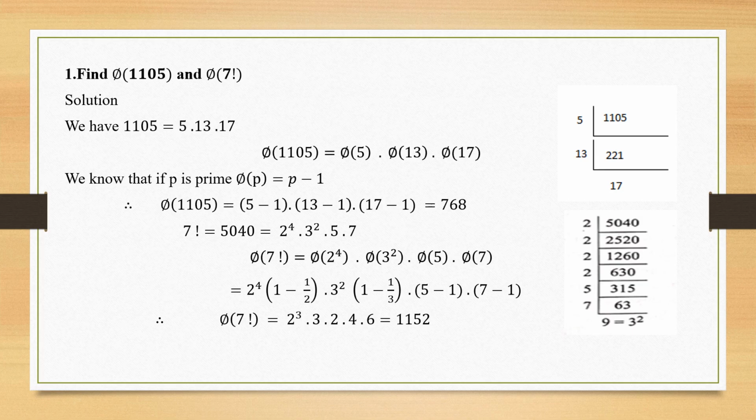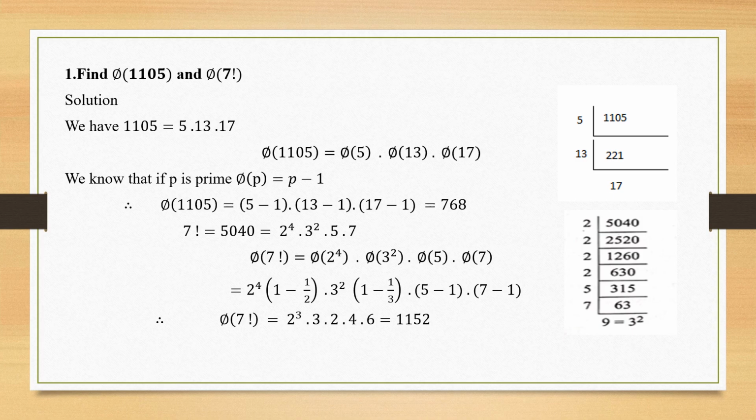Now 5 is a prime number, 13 is also prime, and 17 is also prime. We know that if P is prime, phi of P is equal to P minus 1. That is the result.